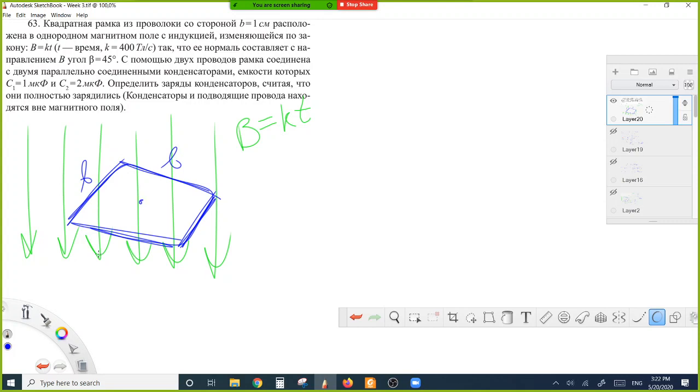Only the angle between the normal to our square loop and the magnetic field lines, beta, is 45 degrees. Okay.